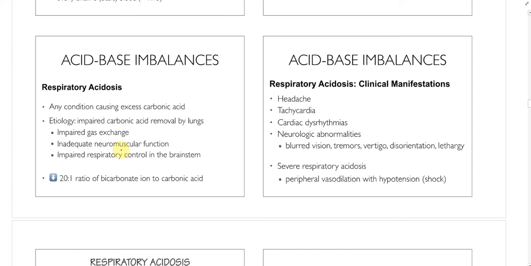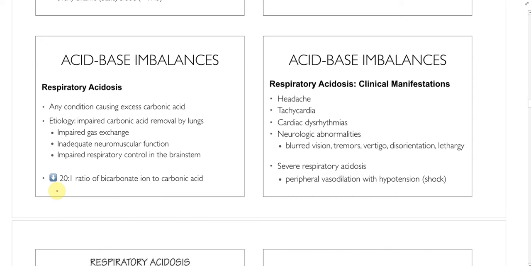It could also come from neuromuscular dysfunction. So if a person has muscular dystrophy, that could potentially cause a respiratory acidosis. Or perhaps there's a problem with the brainstem itself in controlling respiratory drive. I don't normally see it like this, and this confuses me, the ratio of bicarbonate to carbonic acid.